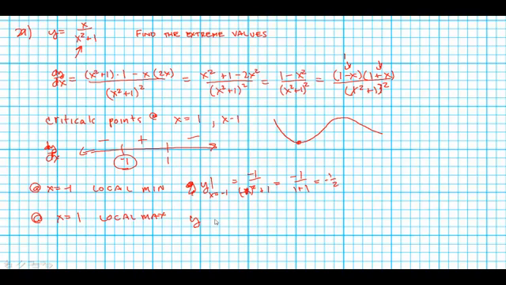And then likewise, the value of y when x is 1 is going to end up being 1 over 1 squared plus 1, or positive 1/2. So a local minimum at (negative 1, negative 1/2), a local maximum at (1, 1/2). And that's number 29.